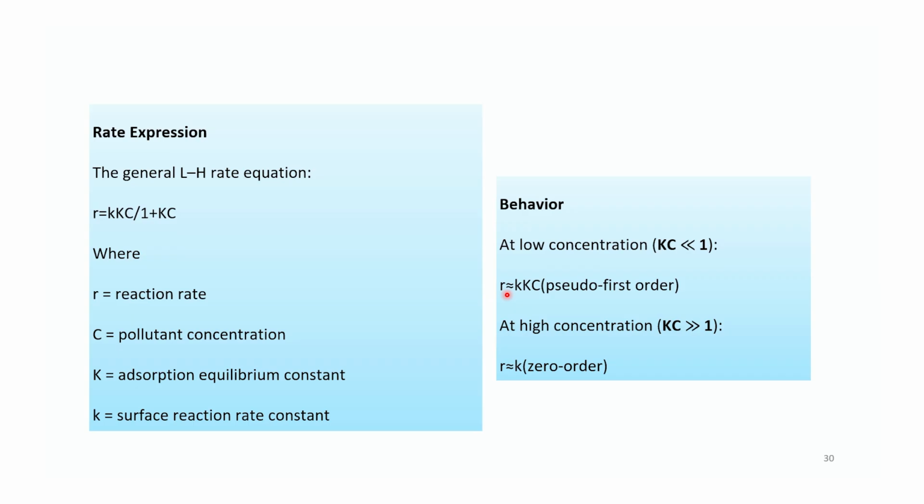So your reaction rate depends on C, and that will follow the pseudo first order reaction. Then at a high concentration, the value of KC is much higher than 1. So in this case, your rate of reaction will be equivalent to small k, that is the surface reaction rate constant. So your order of the reaction will be zero order.